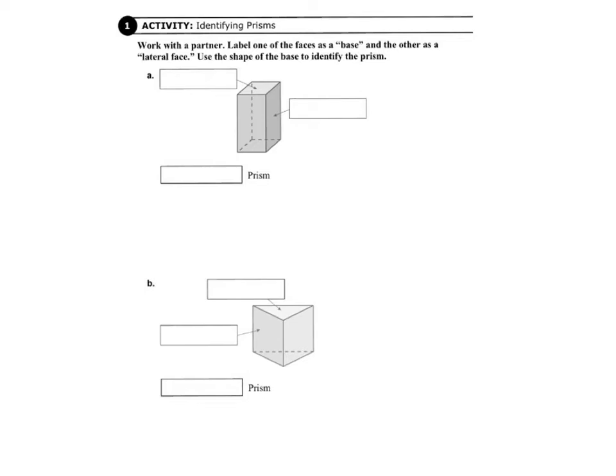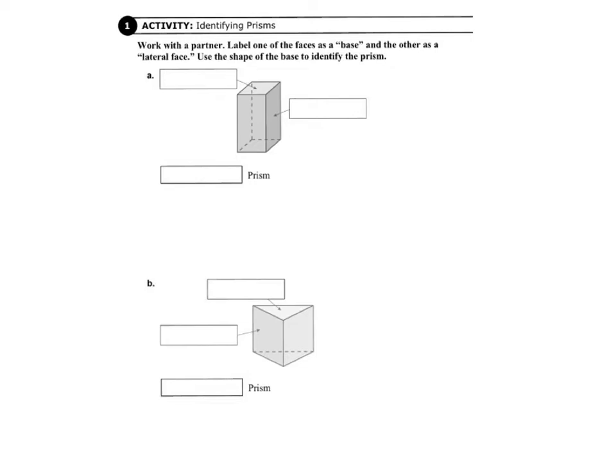Activity 1, Identifying Prisms. Label one of the faces as a base and the other as a lateral face. Use the shape of the base to identify the prism. Usually we think of the base of something as where it's resting, and usually the base of a prism is where it's resting.